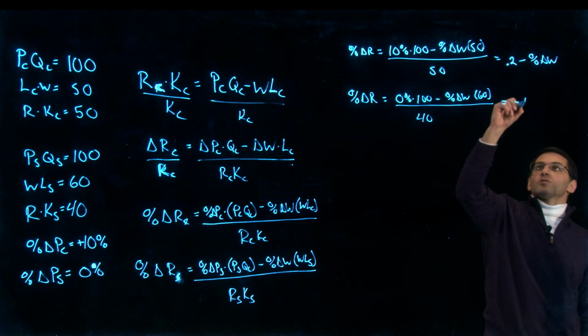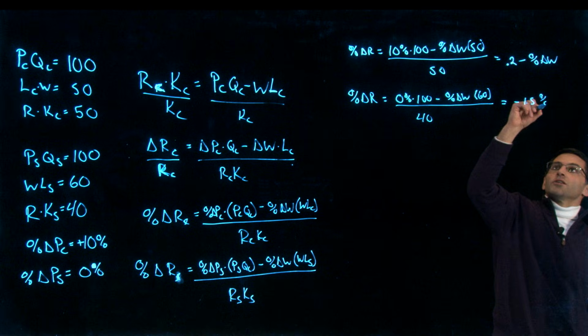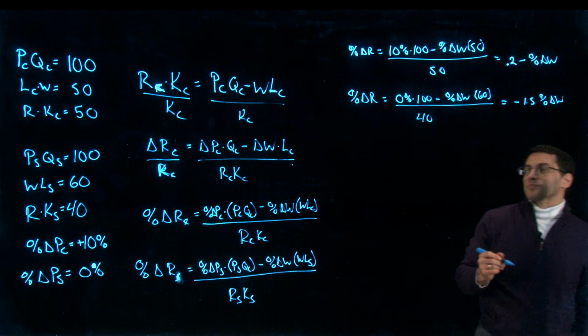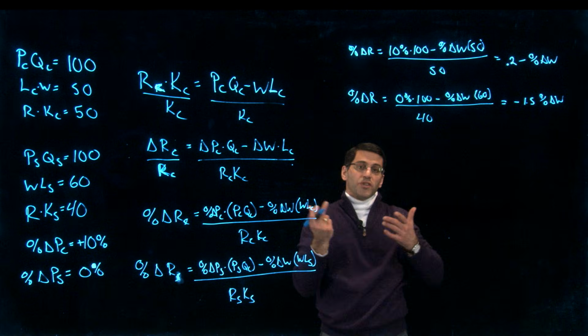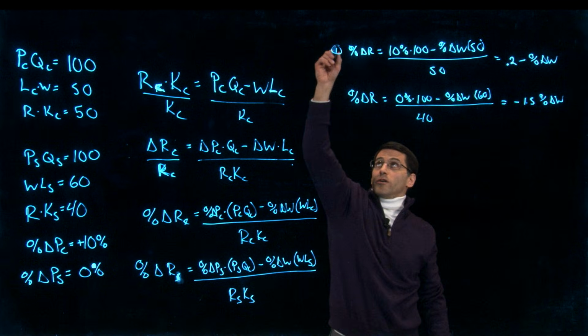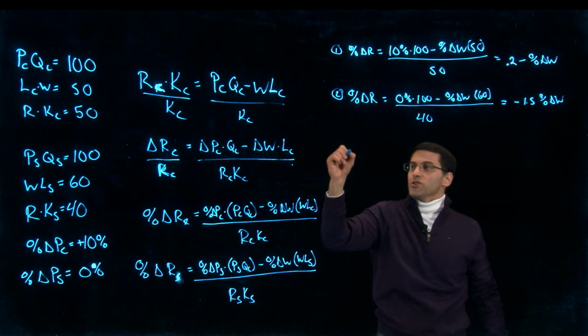That's equal to minus 1.5 times the percent change in the wage. Again, since these two rental rates are equal to each other, we can just set equation 1 equal to equation 2.